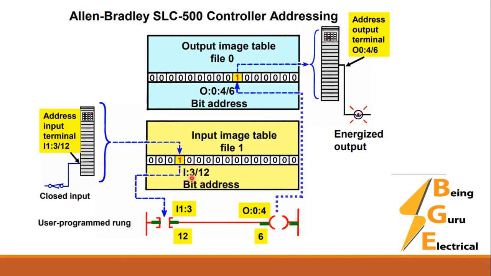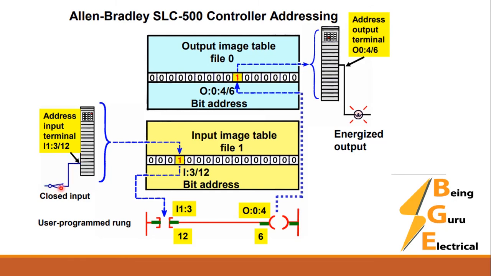This represents the ladder logic. This is the user program rung. We have a NO contact and an output coil. The data of this switch is taken from this bit.